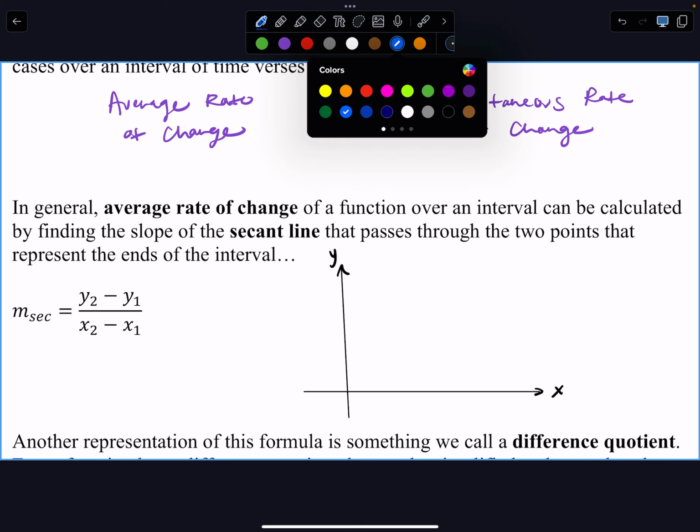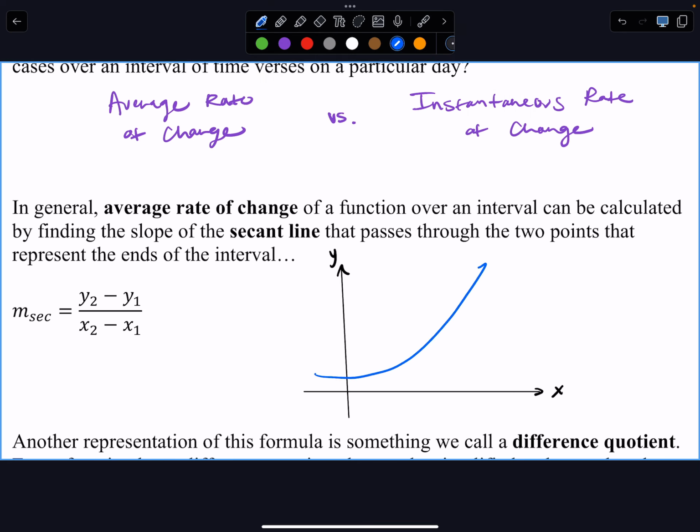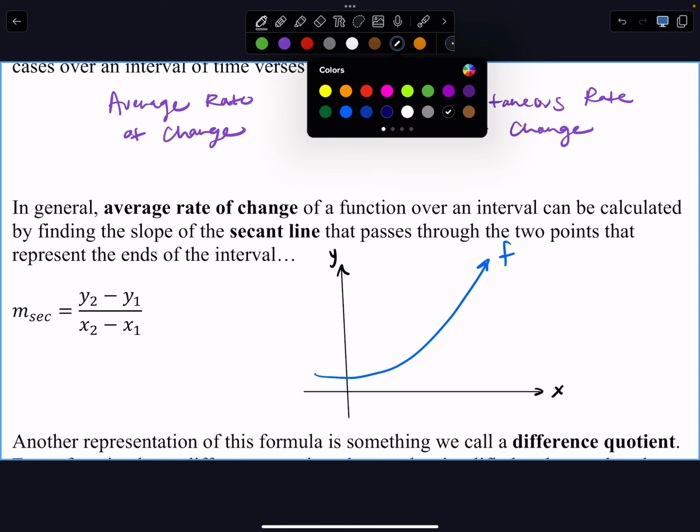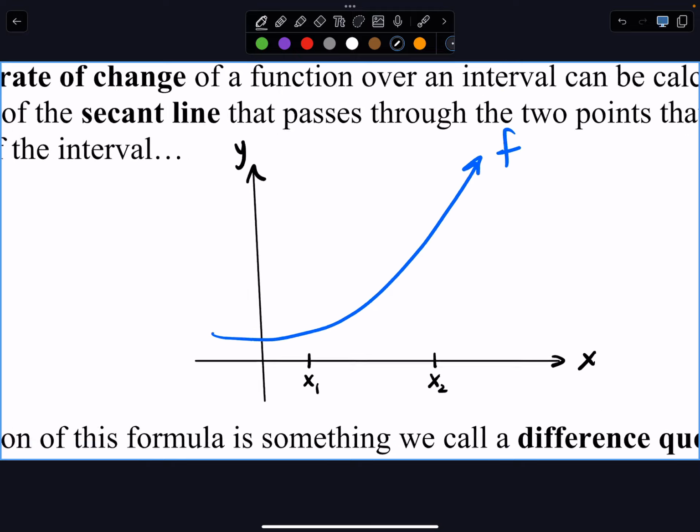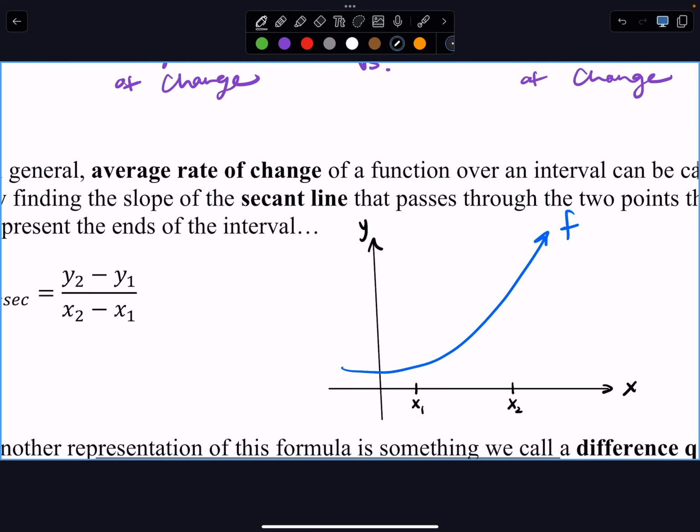Let's call that the function f. Let's say we are calculating the average rate of change of the function over the interval from x sub 1 to x sub 2, one endpoint to the other.